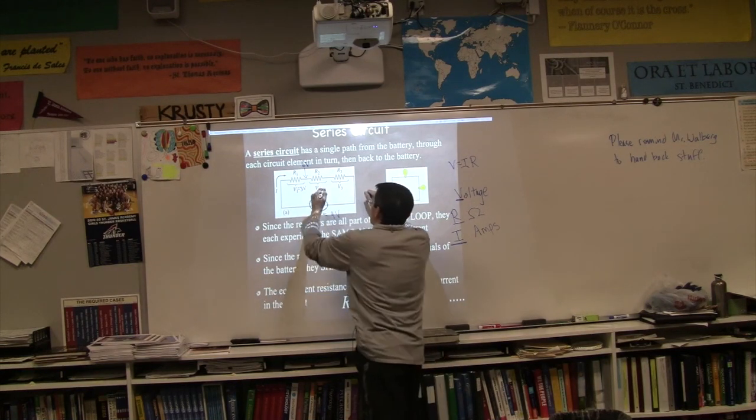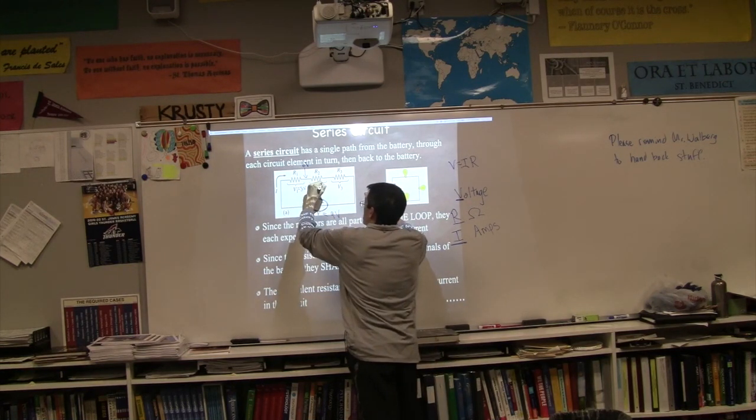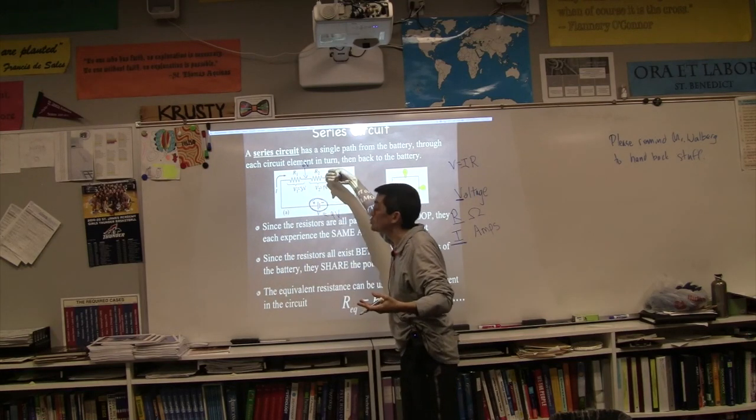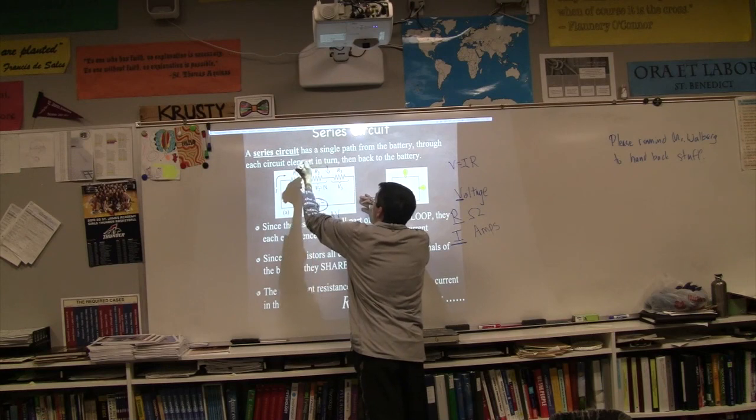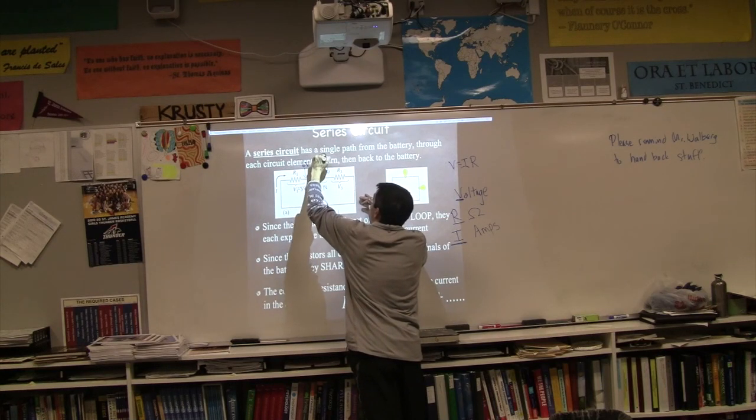Then it hits this thing. Let's say the voltage across this resistor is 1 volt. Goes through this resistor. Now after that it's down to 5.